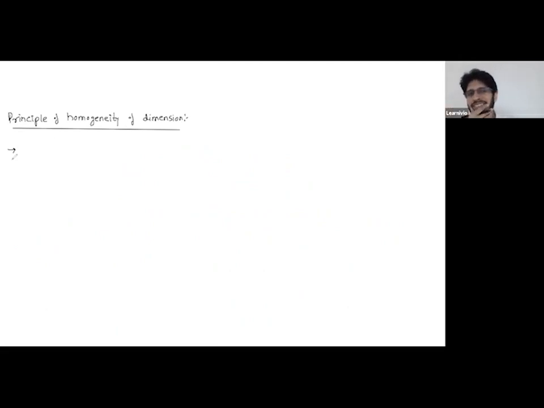it's a very general concept that if you are adding mass, can you add mass to velocity? No, sir. Add mass to mass only. Can you add length to time? No, sir. Always add length to length, time to time, mass with mass.